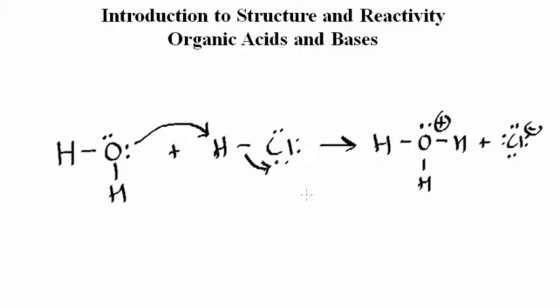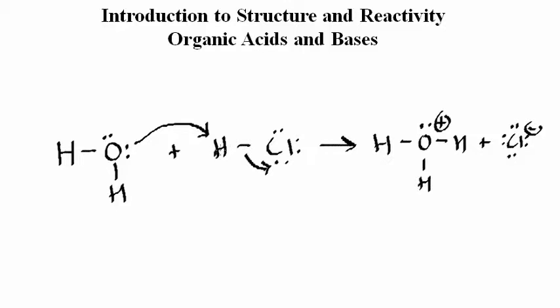The tail of the curved arrow is located at an electron pair, either a lone pair or a bonding pair, as the case may be. The head of the curved arrow shows the new location of the electron pair. So relocating this electron pair forms a new OH bond, and relocating this electron pair in the bond breaks the HCl bond.